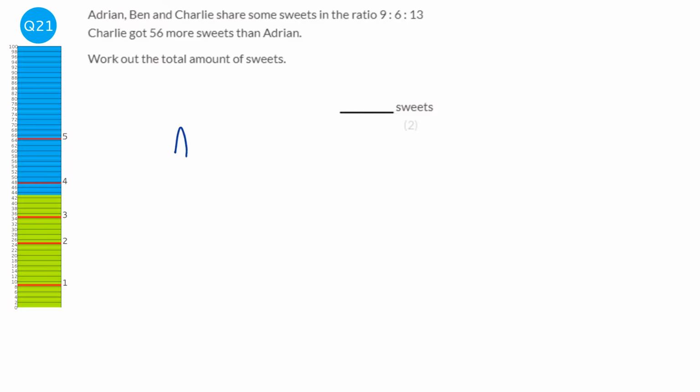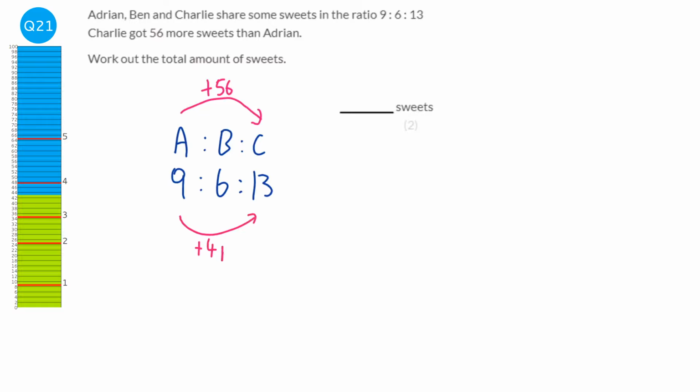So this question says that Adrian, Ben and Charlie have some sweets, and the ratio of Adrian to Ben to Charlie is 9:6:13. But it also says that Charlie got 56 more sweets than Adrian. Well, looking at the actual parts of the ratio, there are 4 more parts.